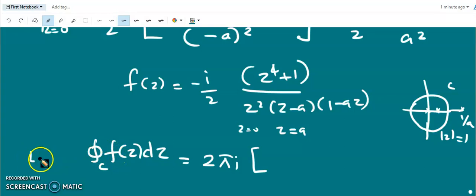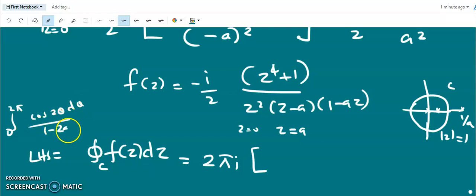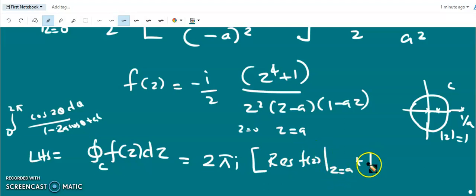So this is nothing but our LHS, the integral from 0 to 2 pi of cos 2 theta d theta by (1 minus 2a cos theta plus a square), written in this form as the closed integral of f of z dz, where f of z is this. So this is equal to 2 pi i into the sum of all residues within the contour, that is the residue of the function at z equal to a and the residue of the function at z equal to 0.